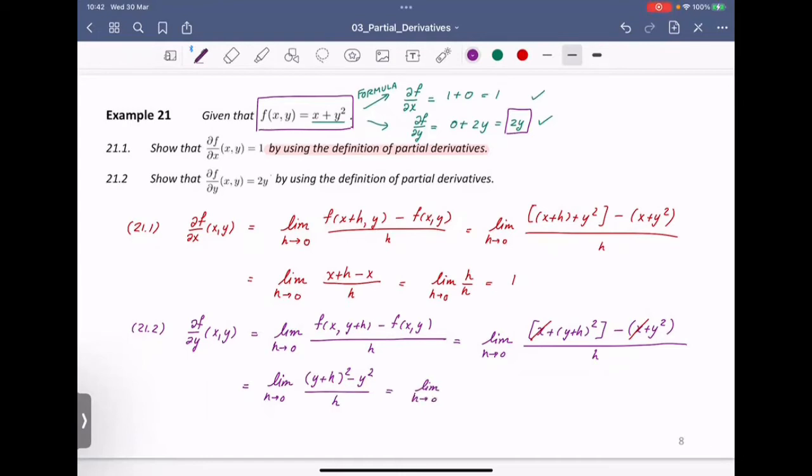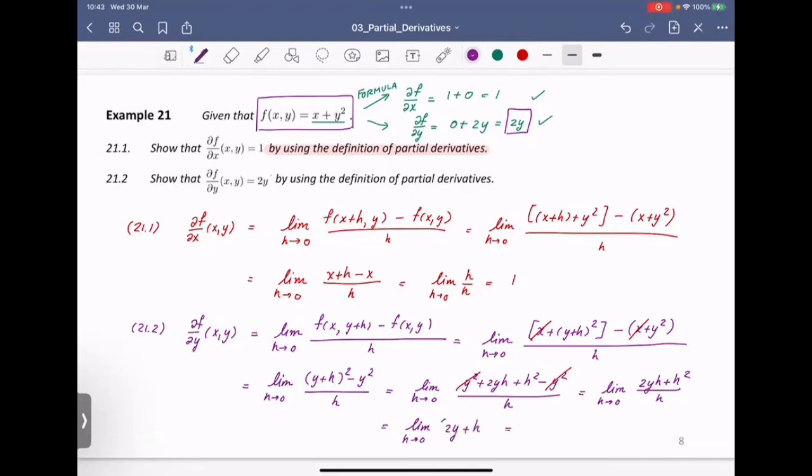So, this is a one-dimensional limit, so we're going to expand that thing, so we get y squared plus 2yh plus h squared minus y squared. And then here you cancel out y squared, and then this is going to be limit of 2yh plus h squared over h, as h goes to 0, and then you cancel one h, so you get 2y plus h.